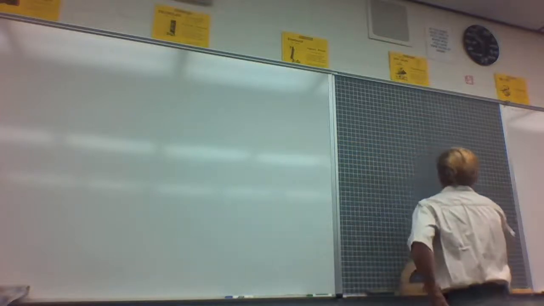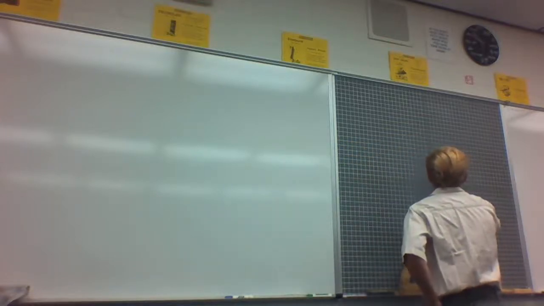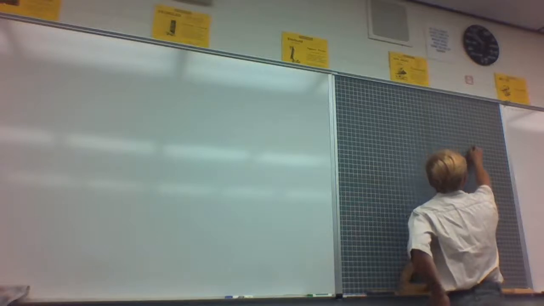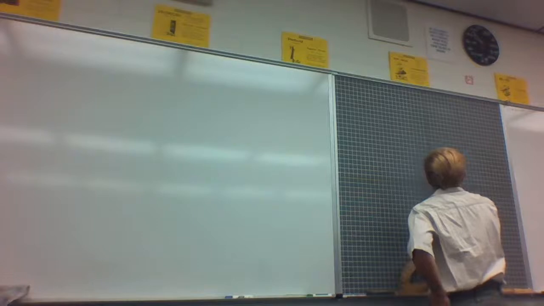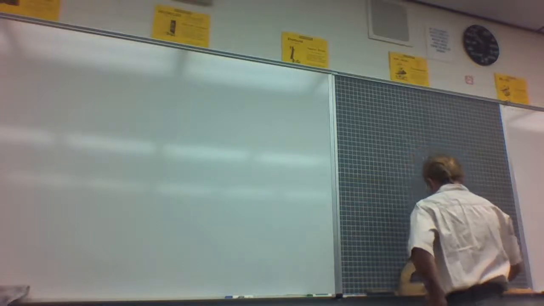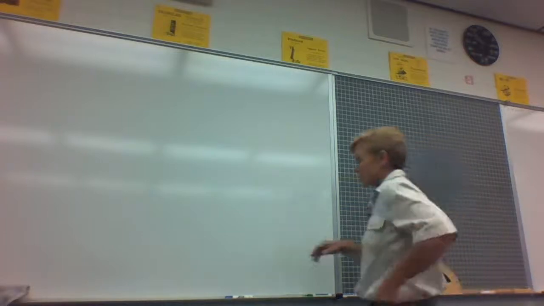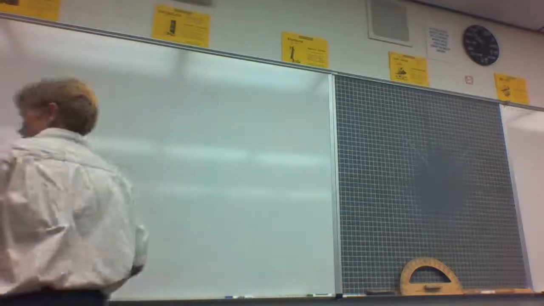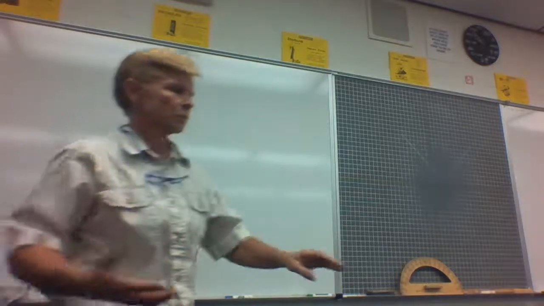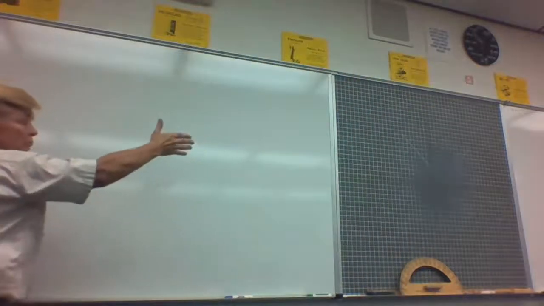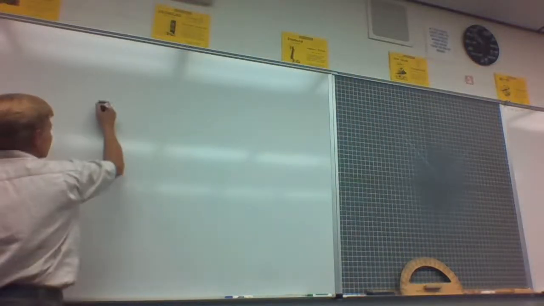Let's say we had this function right here. This is the original called f. They will say f of x equals. They will give you the function, which is that blue one.